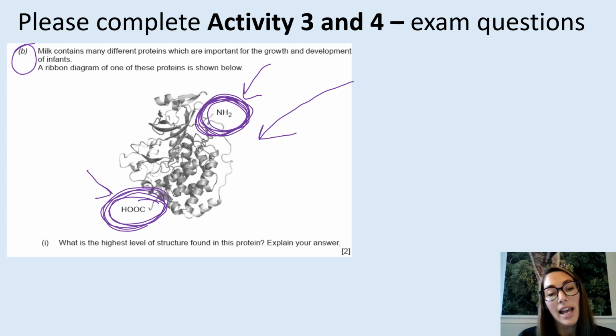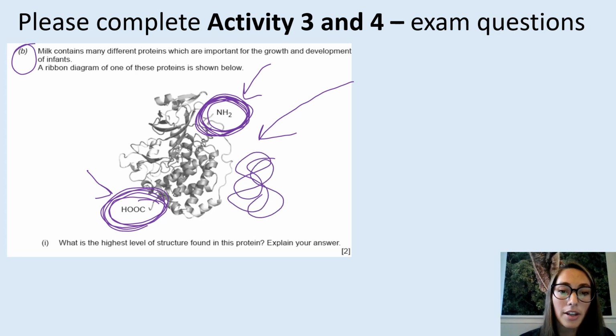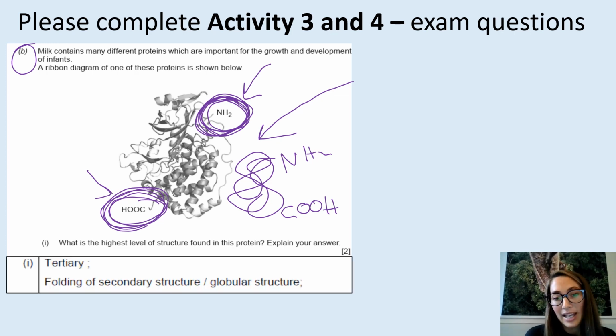If this was a quaternary protein, we'd have more than one polypeptide chain, so we'd see another chain with another amine group and another carboxyl group. So we know here that this is a tertiary structure, which is when the secondary structures are folded, and we can tell that it's not a quaternary structure because we've only got one polypeptide chain.